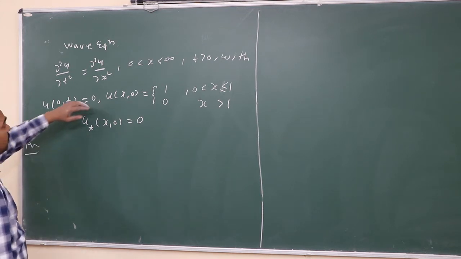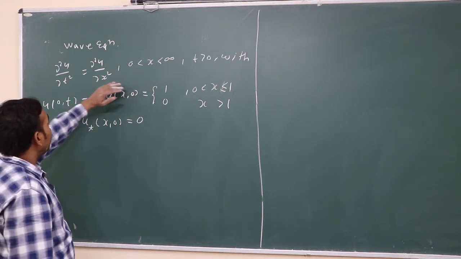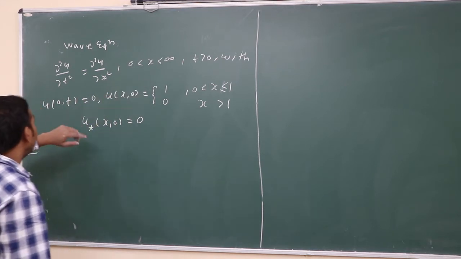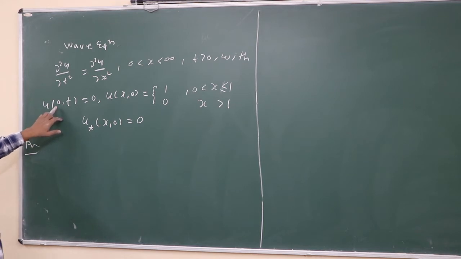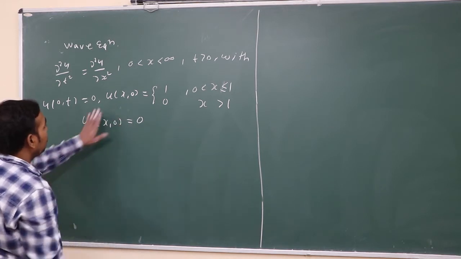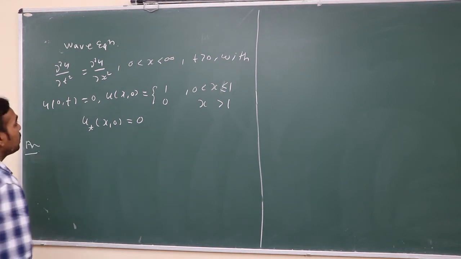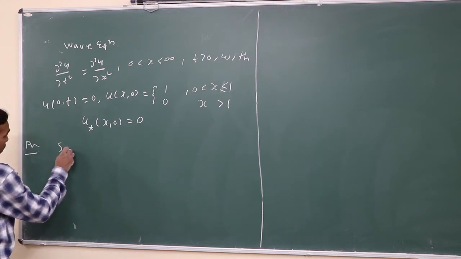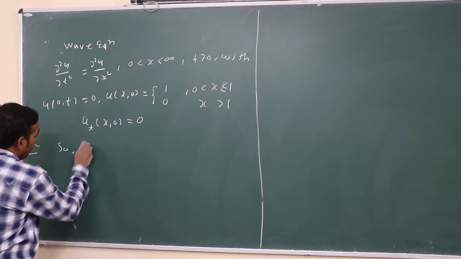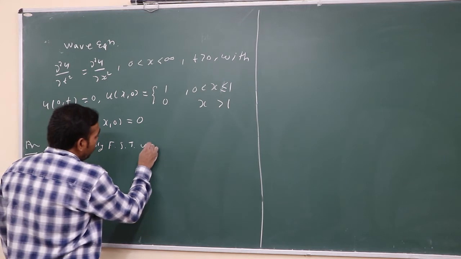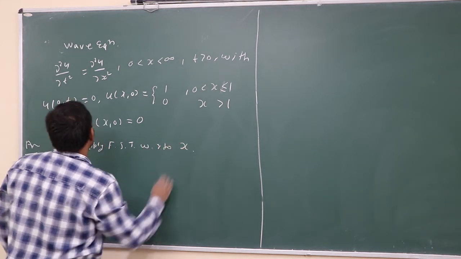Here there is one variable, that is x, ranging from 0 to infinity, and at x equal to 0, the lower end value is also given, and the derivative satisfies the condition of the Fourier sine transform. So for finding the solution, apply the Fourier sine transform with respect to x.